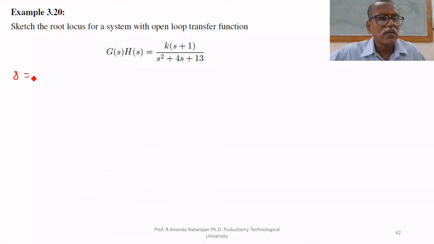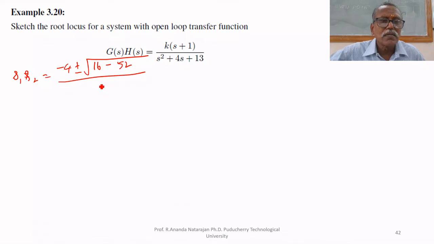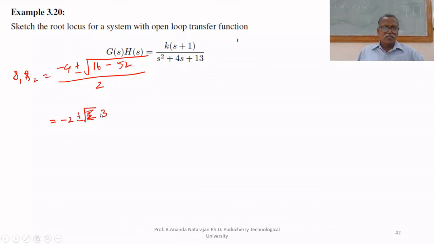Poles S1, S2 equal to minus B plus or minus square root of B squared minus 4AC, with B squared 16 and 4AC 52. The poles are at minus 2 plus or minus j3.